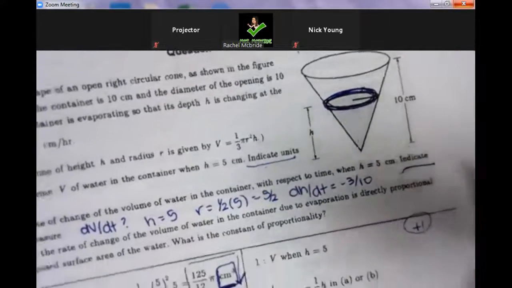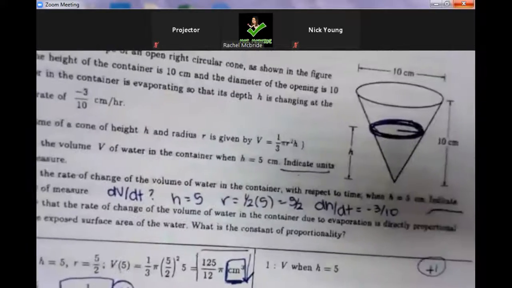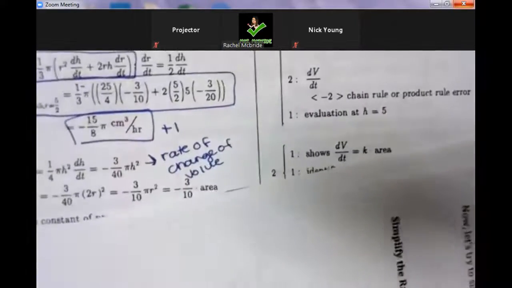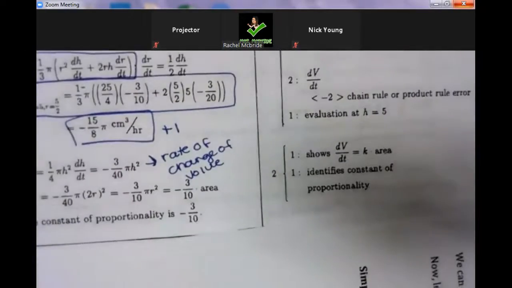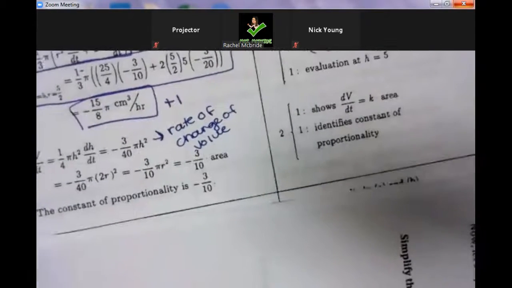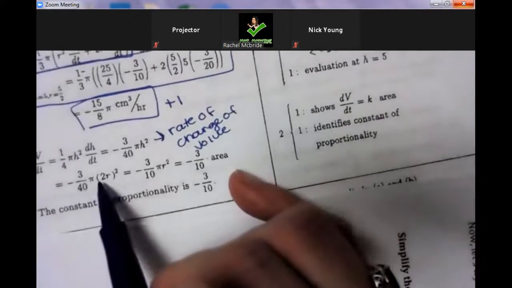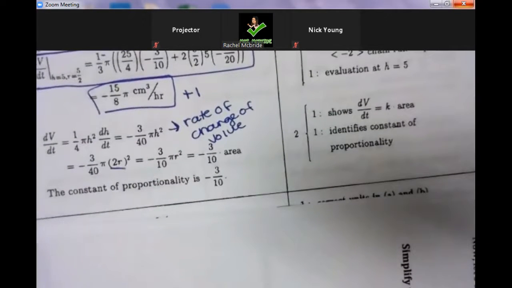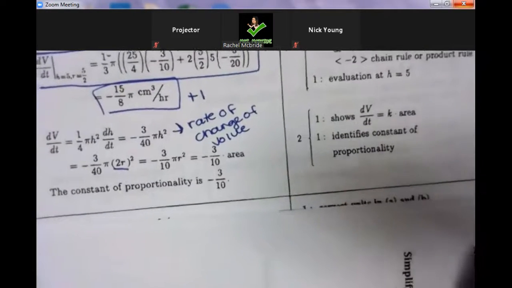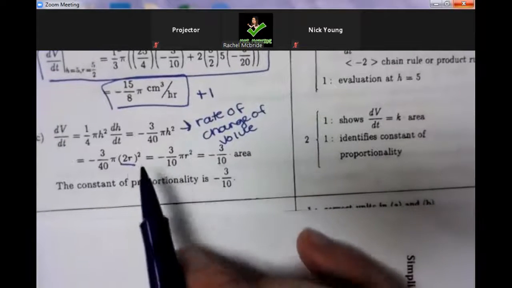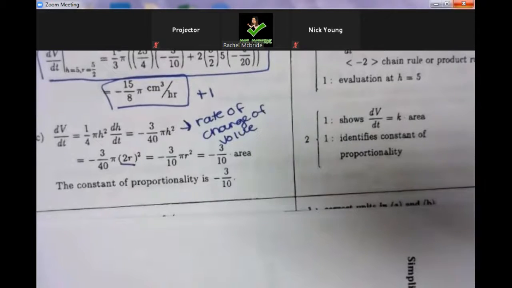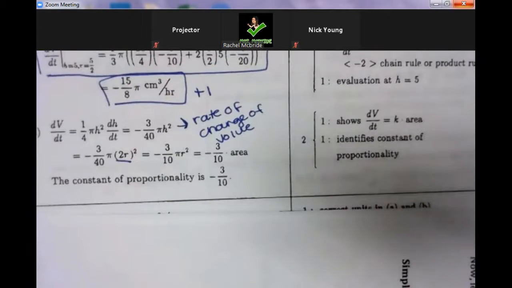If you're looking for the rate of change of the top area of the water that's being exposed, we're going to take the derivative with respect to the radius now, because I don't care about how the height is changing, I care about how the radius is changing, because the radius is the area of the exposed top.